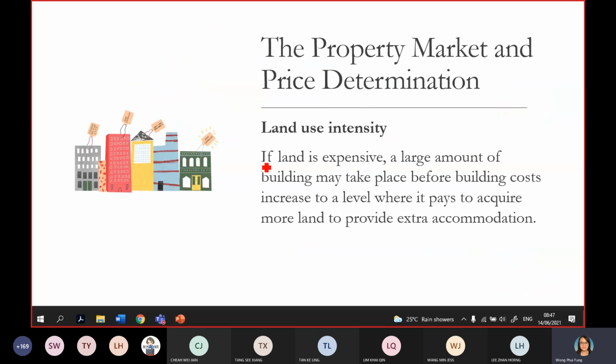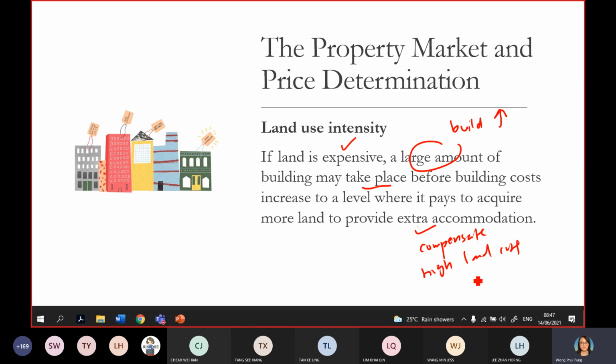Okay, so if the land is expensive, a large amount of building may take place before the building costs increase to a level where it pays to acquire more land to provide more accommodation. What does it mean? Meaning to say that if the land is very expensive, we need to build higher to compensate higher land costs.